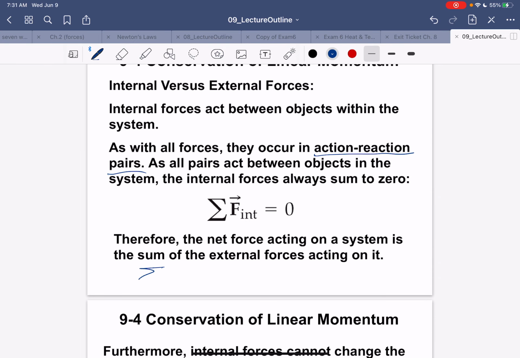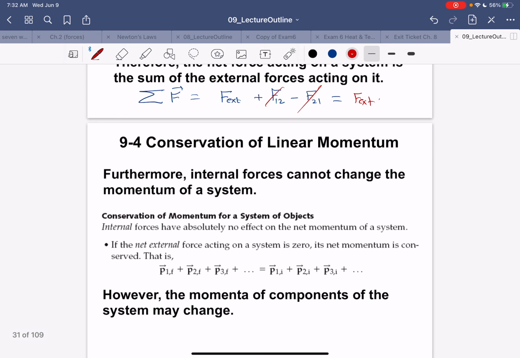Let's say I have the net force, sigma F, and then an external force, but I also have F 1,2 and minus F 2,1. These two forces are going to cancel. Then the net force acting on a system is just the sum of all the external forces on it. The internal forces are not really considered.